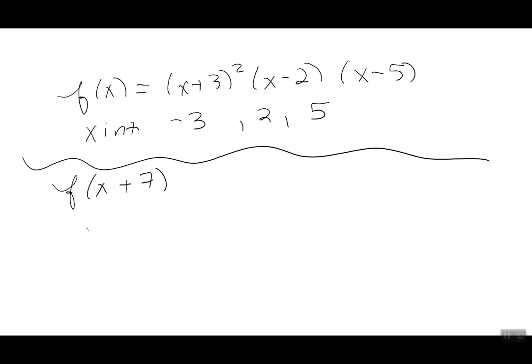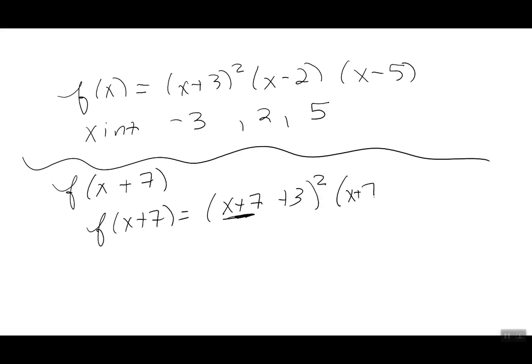So one way you could do that is you could just plug in x plus 7 to the function. So I would have x plus 7 plus 3. So think, I did this x plus 7 and I added 3 and I'll square it. And then x plus 7, keep that, and do minus 2. And then x plus 7, think of that as a whole thing, and then minus 5. So I plugged x plus 7 in.